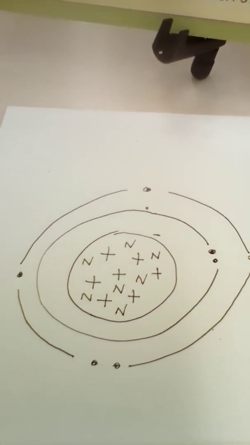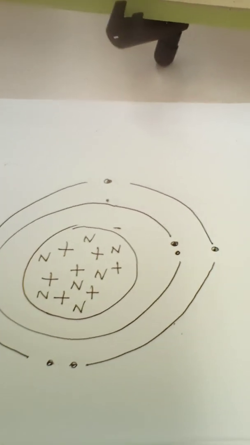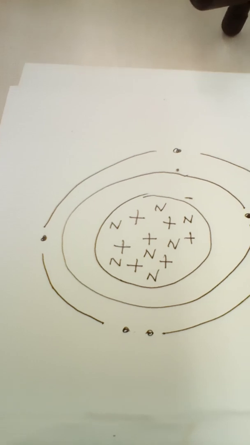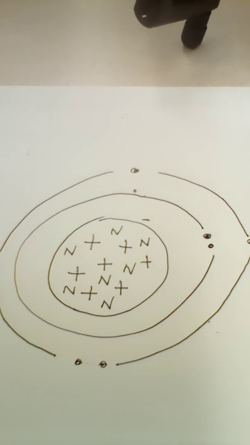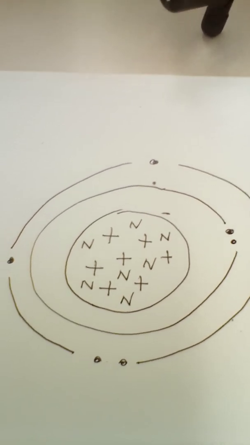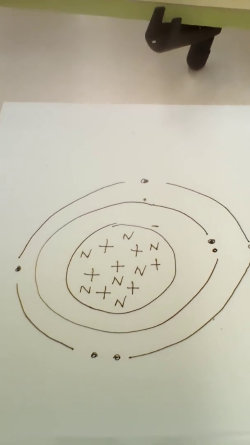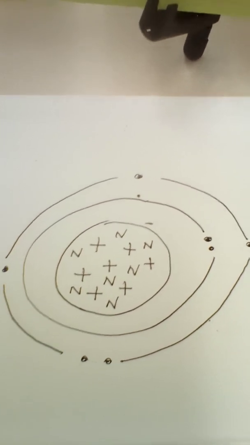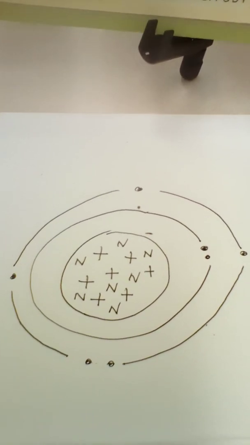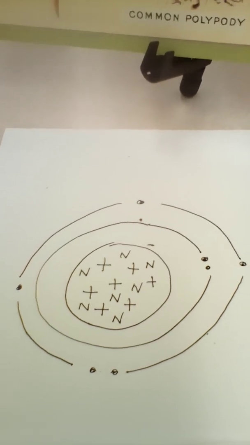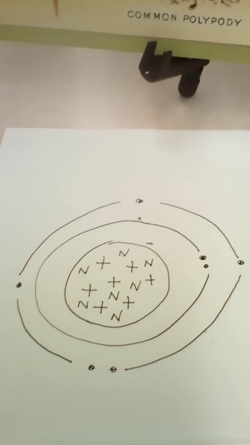And note they're in 2 shells. The outer shell has 5: 1, 2, 3, 4, then 5. Remember, nitrogen's in group 5. So if you're in group 5, you're going to have 5 electrons in your outermost shell, or 5 valence electrons. Note that we have 2 electrons in the first shell, so the 2 and the 5 makes 7. And note that we have 2 shells, thus period 2, or row 2.